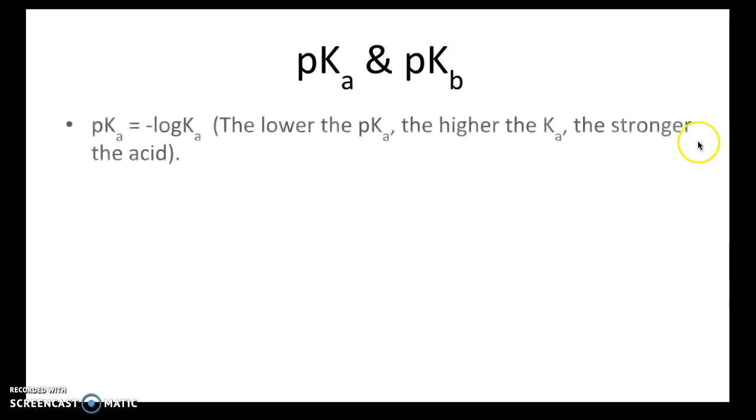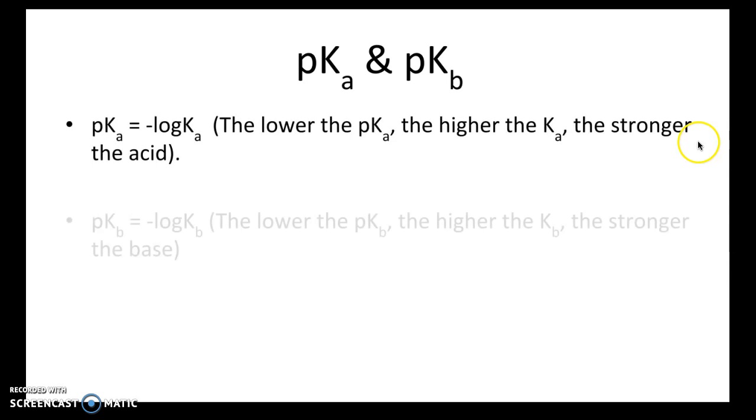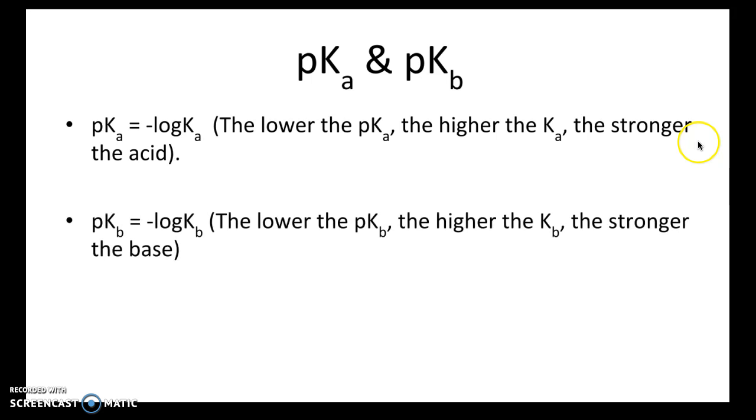All right, final note here, going into pKa and pKb. This is something that I don't think we have talked about before, but the pKa is the negative log of Ka and pKb is the negative log of Kb. In the same way that pH and pOH measure the concentration of H+ and OH-, they do this for the Ka and Kb and figure out which ones will be more acidic, with a higher Ka, and which will be less.